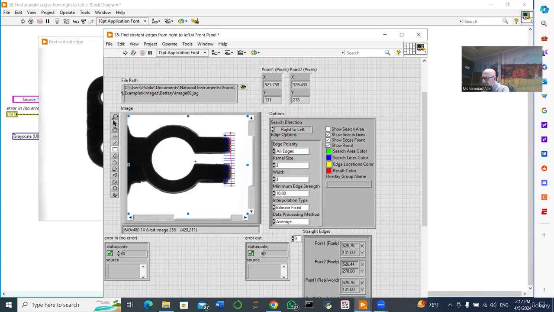Suppose we are interested to find the edges here in this region. So I have to draw the rectangle like this, and run the program. Here is the line of interest only, with these 2 points describing the line.